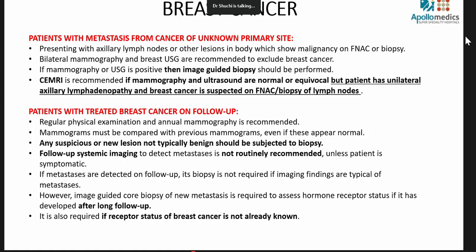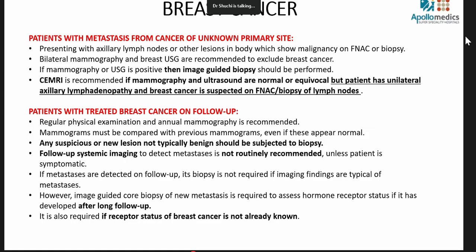What to do for follow-up imaging in patients with treated breast cancer? On follow-up, regular physical examination and annual mammogram are sufficient. Mammograms have always to be compared with the prior mammograms, even if these appear normal. Any suspicious or new lesion not typically benign should be subjected to biopsy. Follow-up systemic imaging to detect metastasis is not routinely recommended unless the patient is symptomatic.